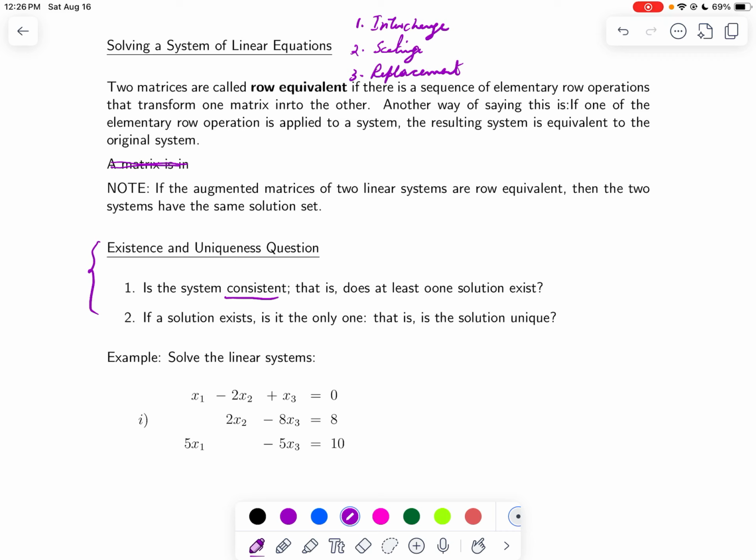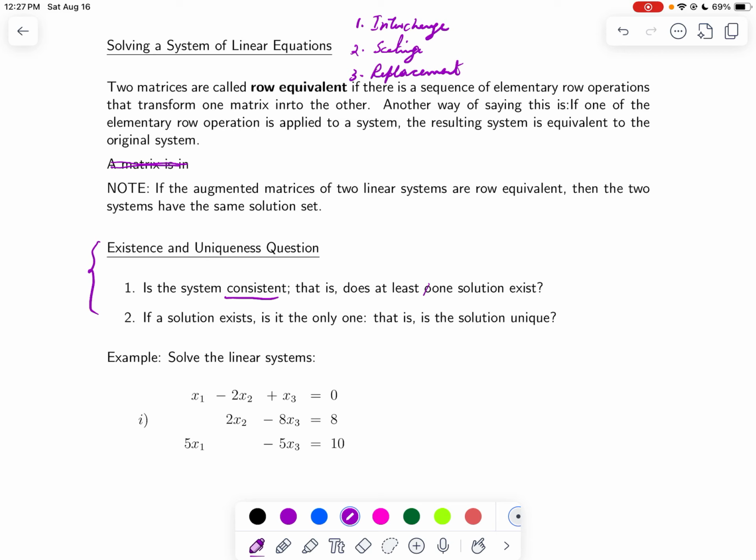It can have a unique solution, infinitely many solutions, or no solution. If it has one solution or infinitely many solutions, it is called a consistent system. So that's what we want to check. Is there a solution?